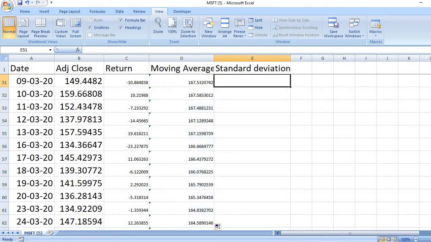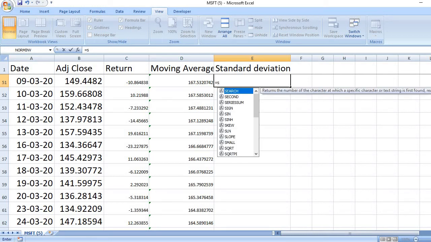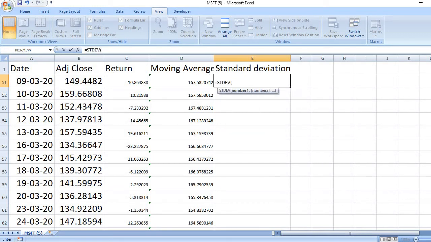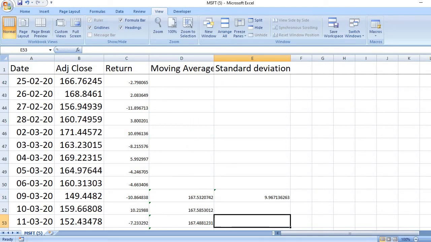Next we are going to calculate standard deviation. Same for the last 50 data, we are going to calculate the standard deviation. Then copying down the formula to calculate moving standard deviation.